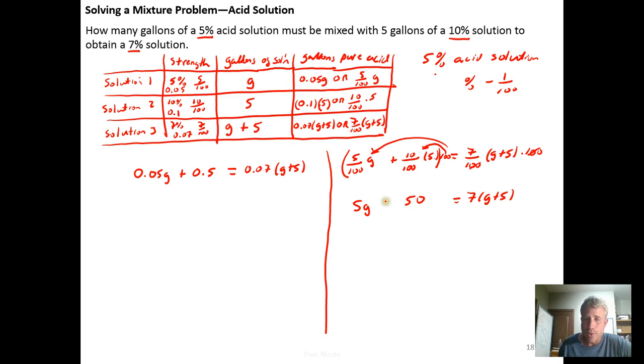So with the fraction approach, it's really clear that multiplying by 100 on both sides is an efficient approach.